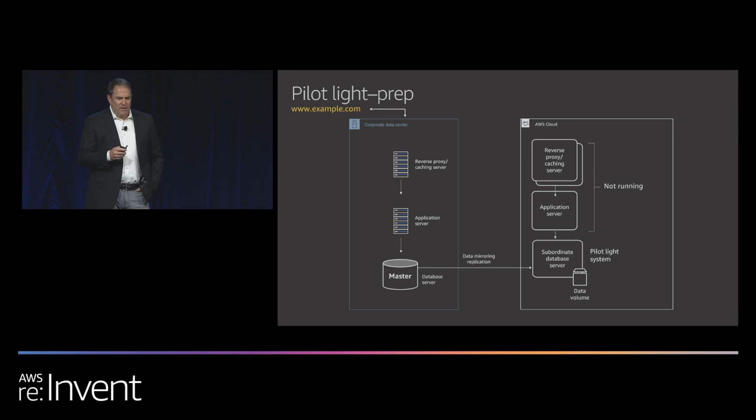I've got my database server replicating the data. I've got all the application servers and web servers basically configured. I've used CloudFormation to pre-provision the configurations of those instances so that when there is an event, I can quickly stand up those instances and minimize my recovery time objective.